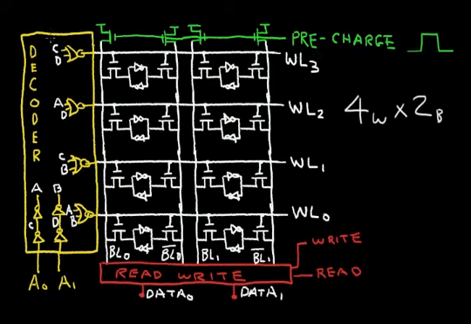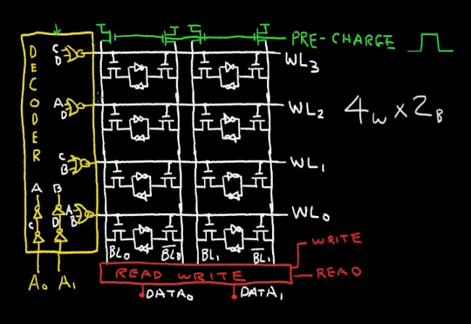In reality, I may want to feed this pre-charge signal into this decoder block to turn off my NOR gates during pre-charge so I don't do a false write into the memory. So this is just a very simple, incomplete version of how the memory RAM cells are put together to form a RAM.